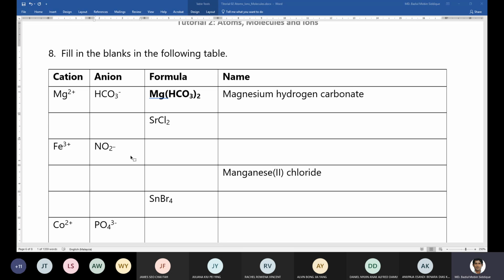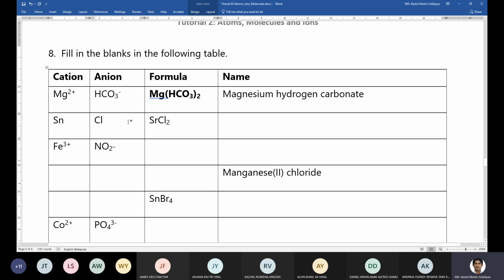The next one is SrCl, and from the periodic table we see that it is strontium. It is a metal, and chlorine produces chloride. Here we see Cl, so there are 2 Cl atoms.